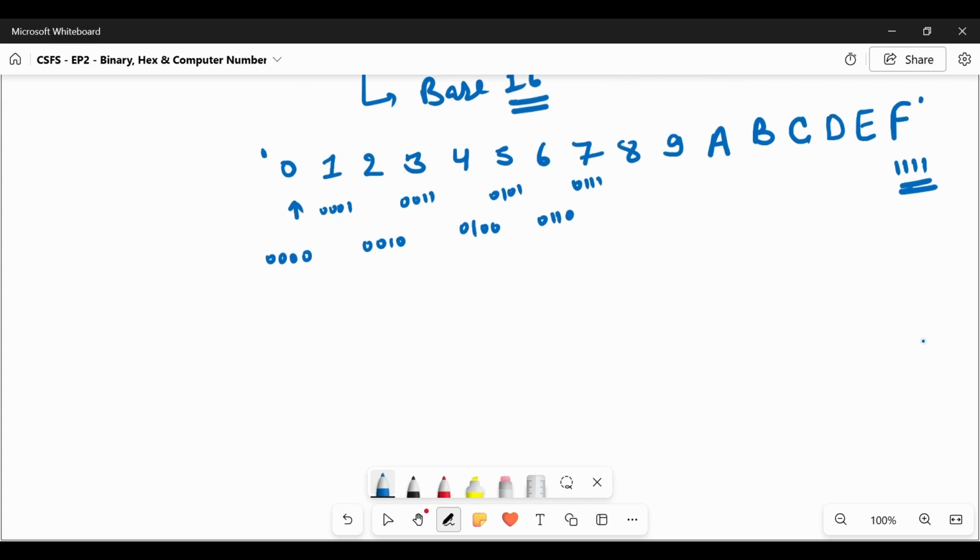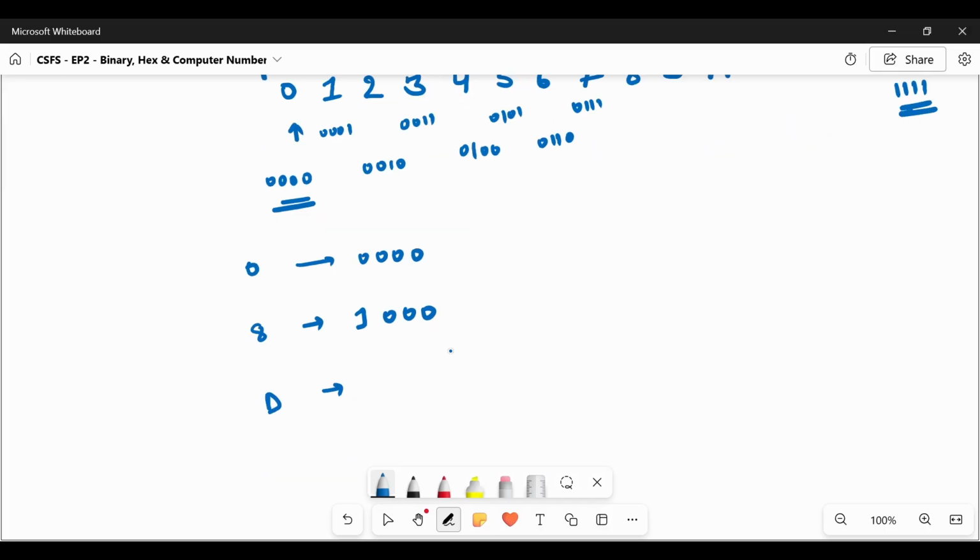Now we have seen that one hexadecimal digit is 4 bits, right? 0 is 0 0 0 0. Similarly, 8 becomes 1 0 0 0. Let me say D, 13: 8 plus 4 is 12, plus 1 is 13. F, that is 15, is 1 1 1 1.